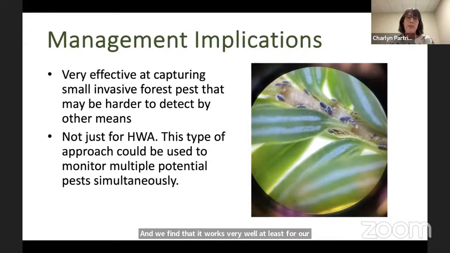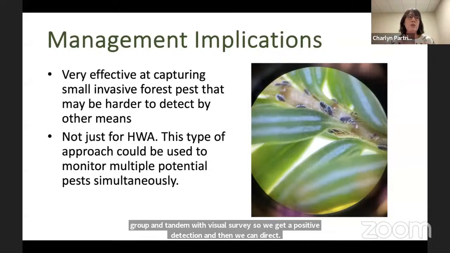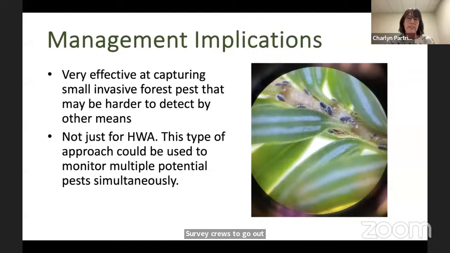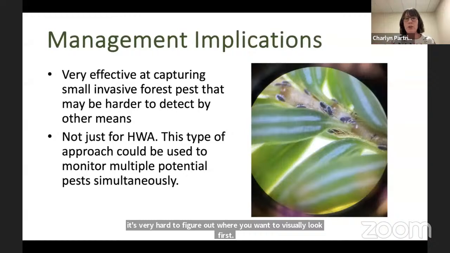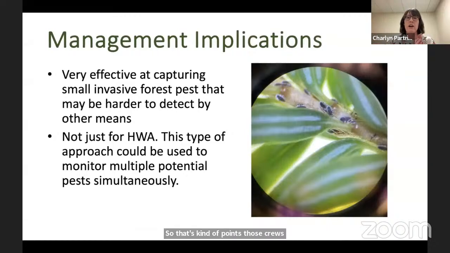So we get a positive detection and then we can direct survey crews to go out and visually assess in this area, because when you have 170 million hemlock trees, it's very hard to figure out where you want to visually look first. So this points those crews in the right direction: we think it's here, maybe check there first, and then you can broaden your search area from there.